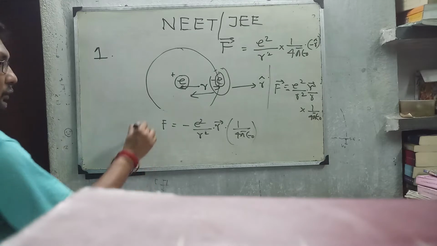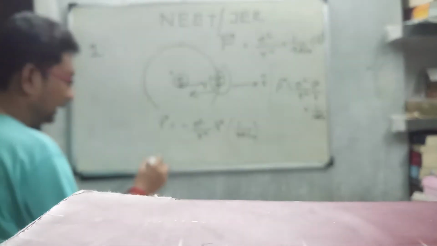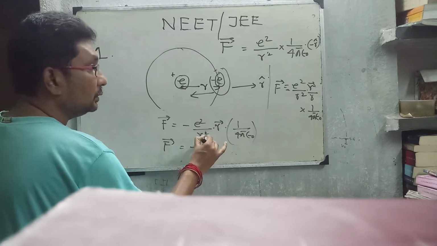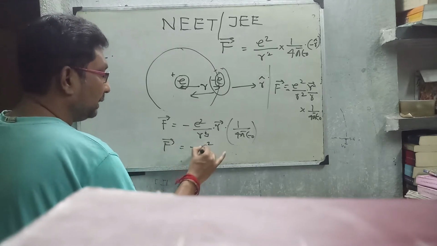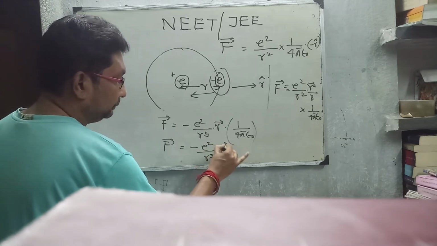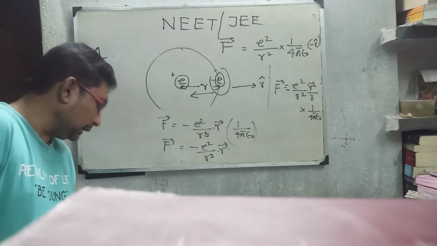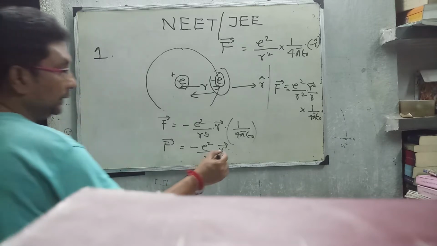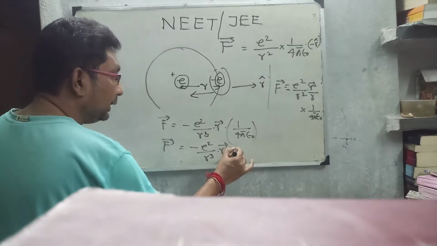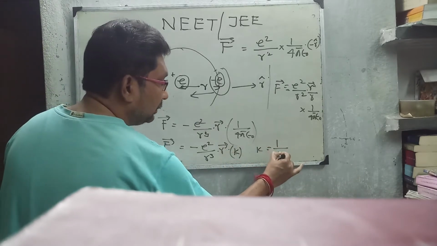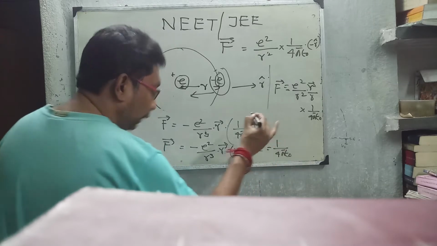That is the force vector on the electron, minus e square by r cube into r vector, that is option C, with k taking 1 by 4 pi epsilon 0 as the constant. It is 1 for CGS units.